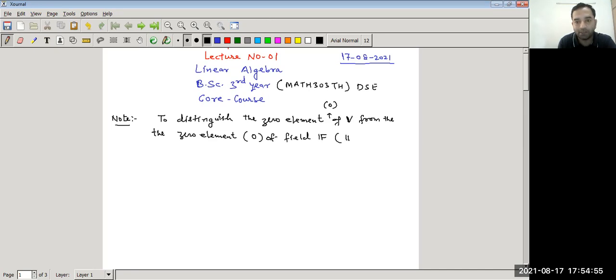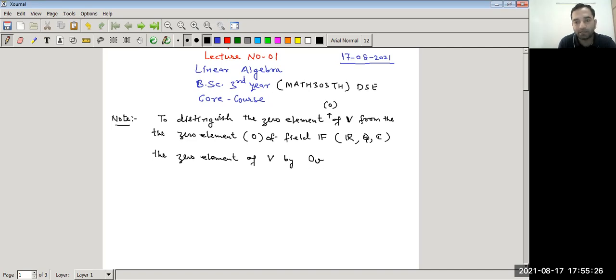This field may be real numbers, this may be the set of rational numbers, or this may be complex numbers. The zero element of V we denote by 0V.